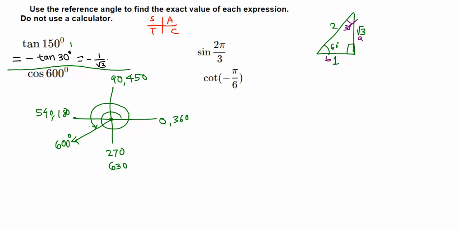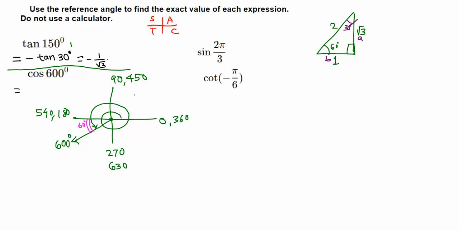Now we can find the reference angle, which is always positive and less than 90 degrees. So 600 minus 540, which is 60. So 60 degrees is the reference angle. That means cosine 600 degrees is the same as plus or minus cosine of 60 degrees, and this angle is in the third quadrant.